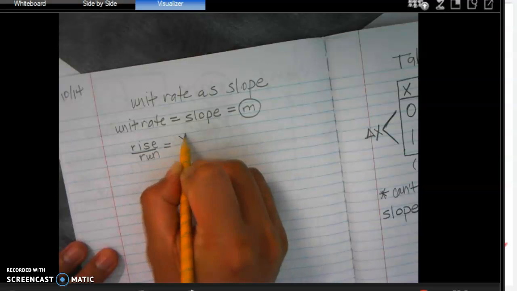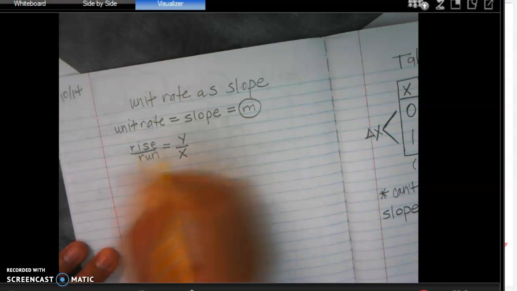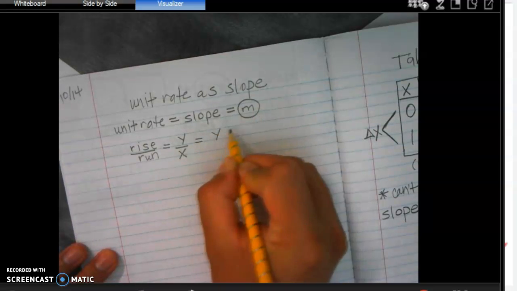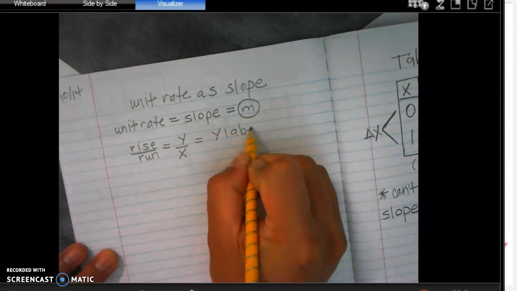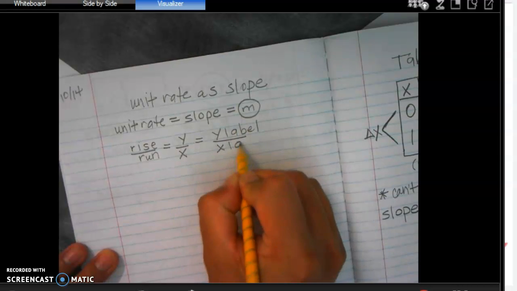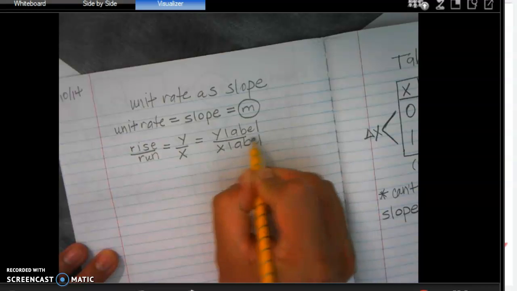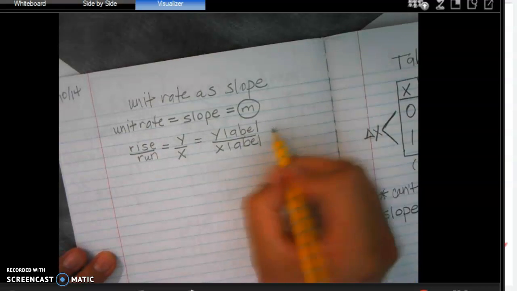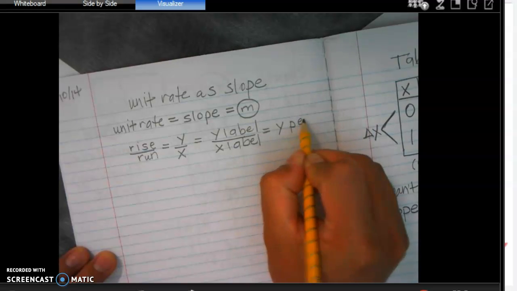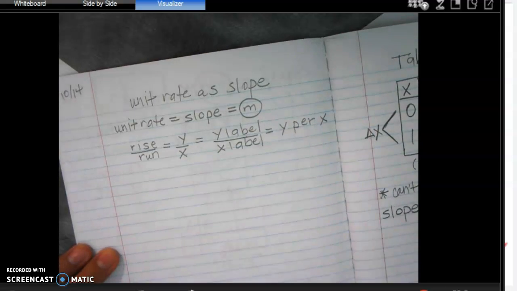On a table, remember, it's y over x. And then the new part that we're adding is the y label, so whatever y talks about, over whatever x talks about. Okay, and then when we get our final answer, it's y per x.